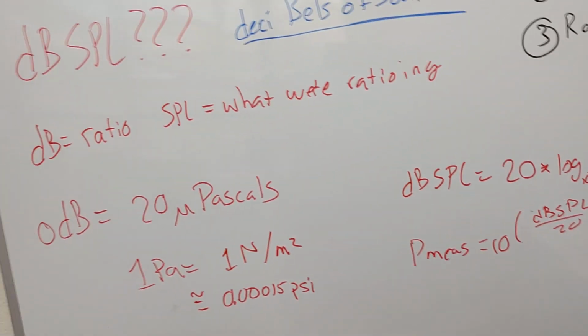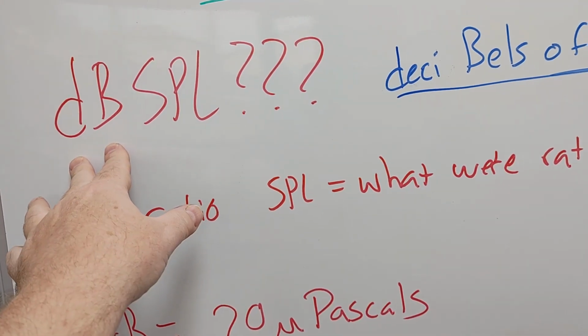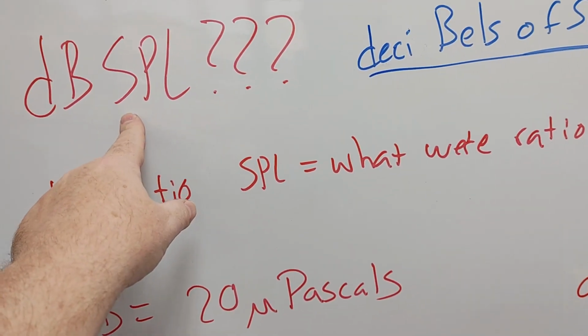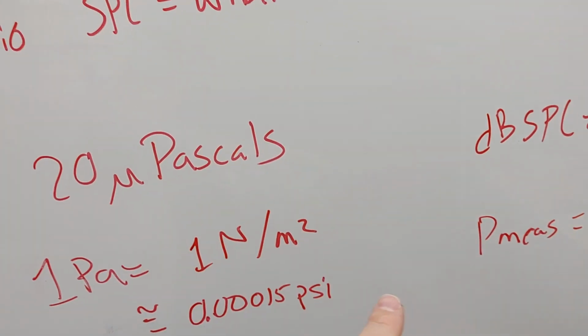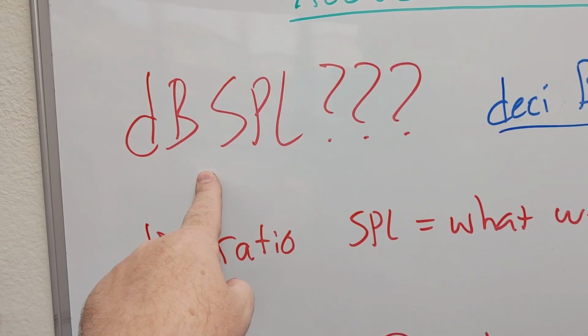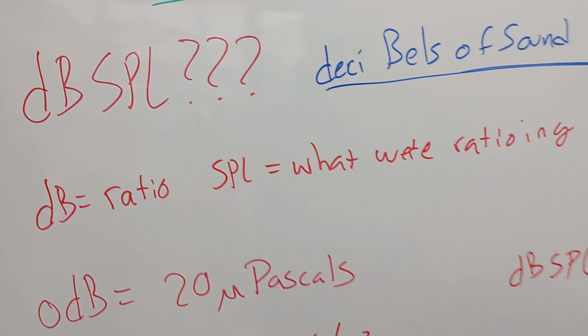To summarize, dBSPL is simply a logarithmic ratio of pressures. We're looking for sound pressure level, and our reference is 20 micropascals. That's all this means. All that fancy stuff, that's all it means. Let's keep that in mind as we go forward. This is a good basic.